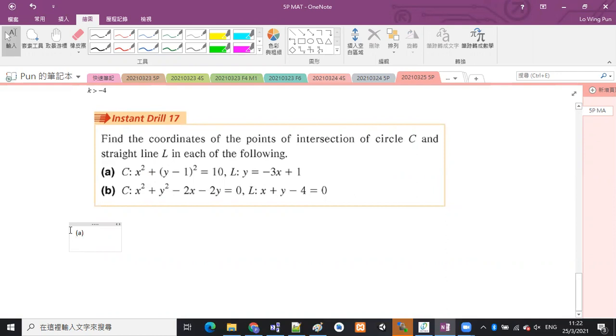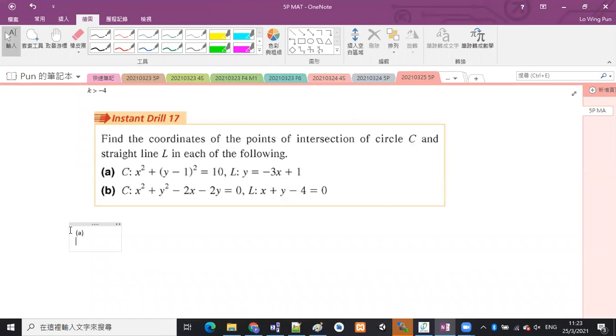Okay. So the question asks you to find the coordinates of the points of intersection of the circle C and the straight line L in each of the following. Okay. So in each of the following, we have the equation of a circle and the equation of a straight line. And we need to find the coordinates of the intersection points.